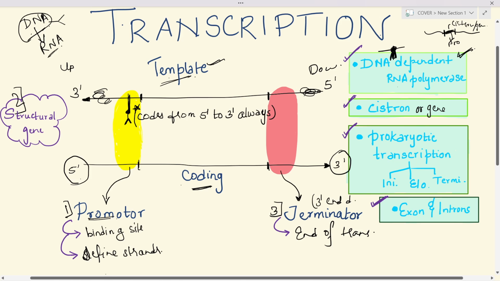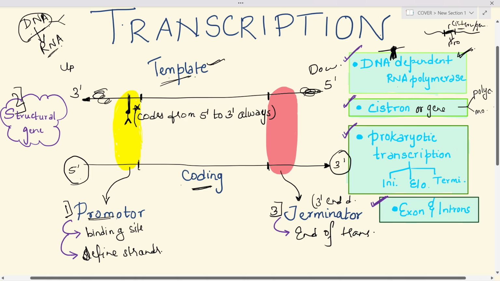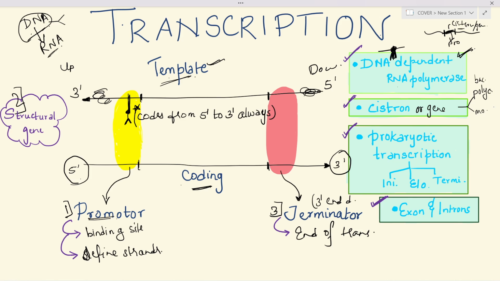After that, sometimes there is more than one cistron, and when there is more than one cistron we call it polycistronic, and if only one, then monocistronic. Polycistronic condition is seen in bacteria and prokaryotes, and monocistronic is seen in humans, or we can say eukaryotes. We are also included here.